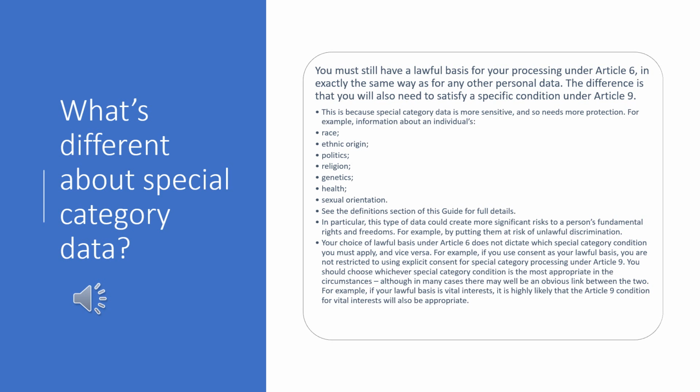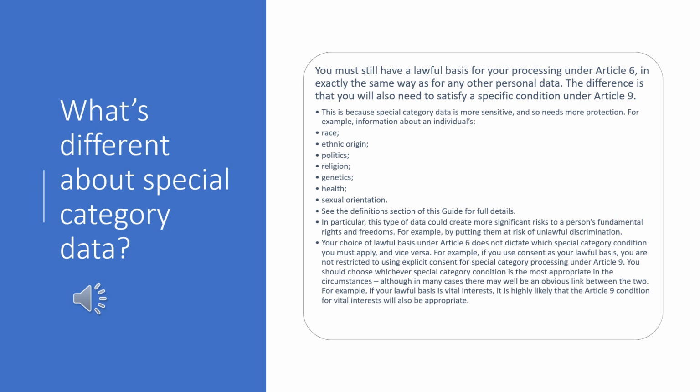In particular, this type of data could create more significant risk to a person's fundamental rights and freedoms, for example, by putting them at risk of unlawful discrimination. Your choice of lawful basis under Article 6 does not indicate which special category condition you must apply, and vice versa. For example, if you use consent as your lawful basis, you are not restricted to using an explicit consent for special category processing under Article 9.